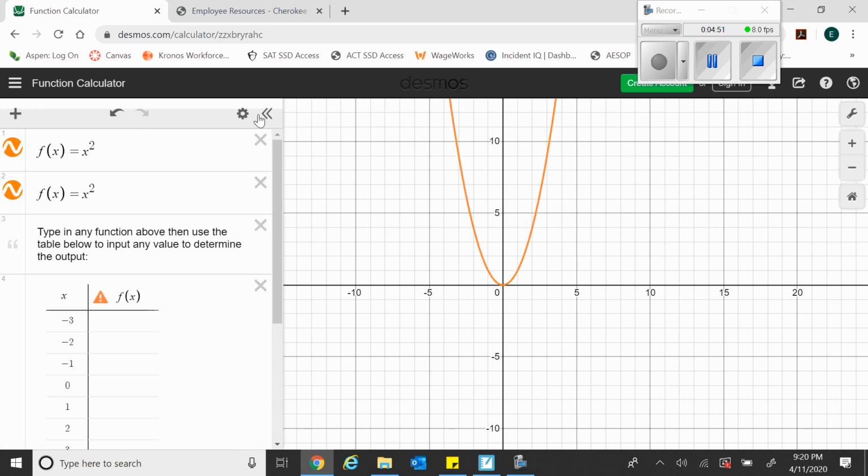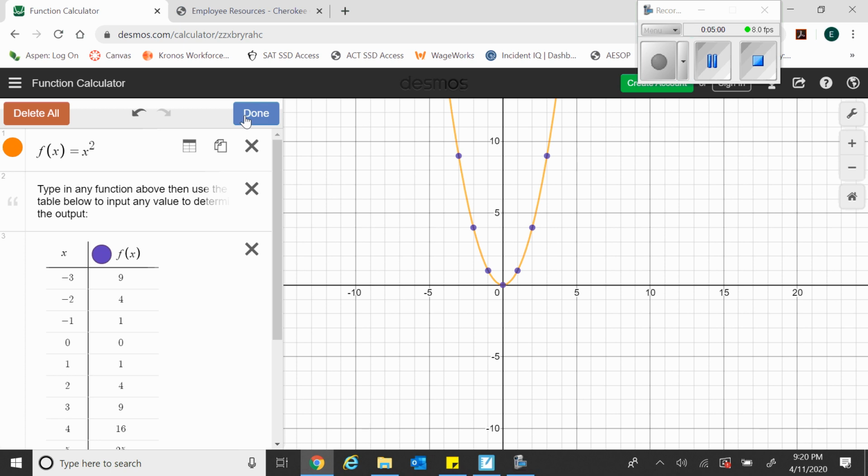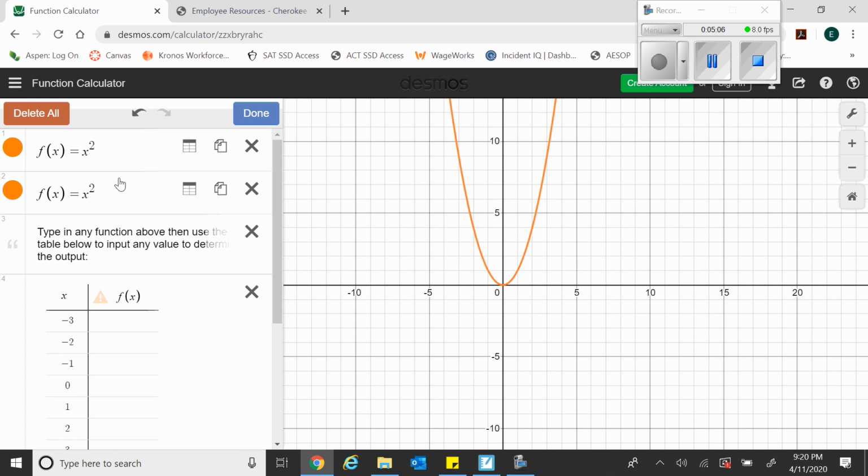Ha! There we go. We're going to do it. I don't know if there's another way I can get another color or not, guys. Just bear with me. There we go. All right, thank you for bearing with me.